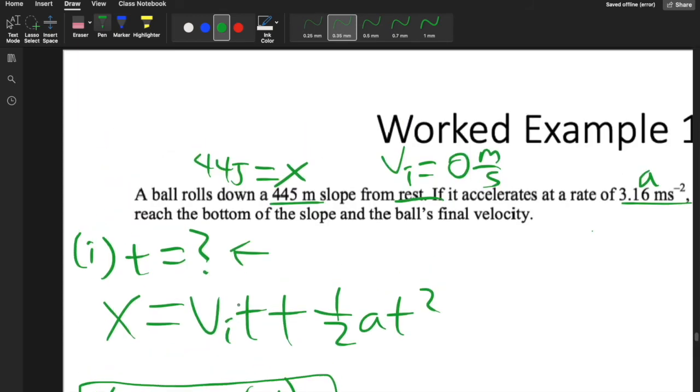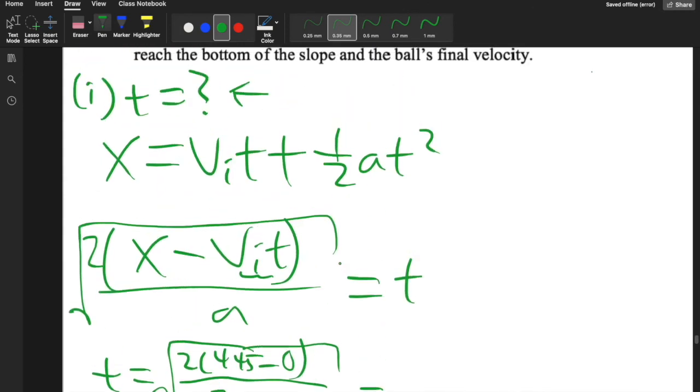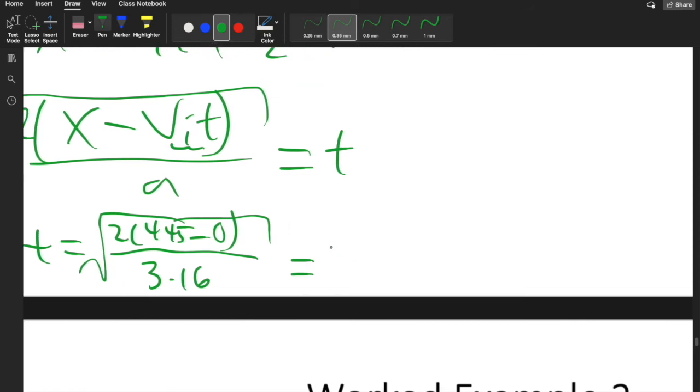And the acceleration is 3.16. Then plug all of those numbers into your calculator. So 2 times 445 divided by 3.16, and the time will be 26.5454 seconds approximately.